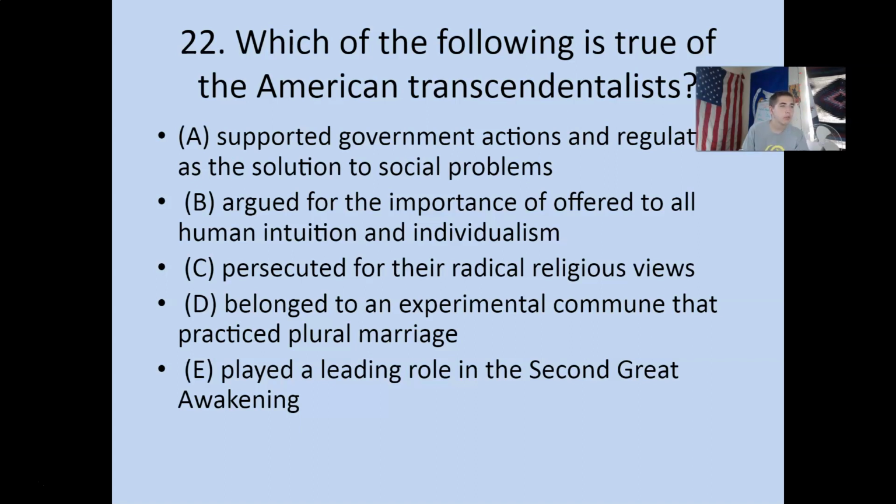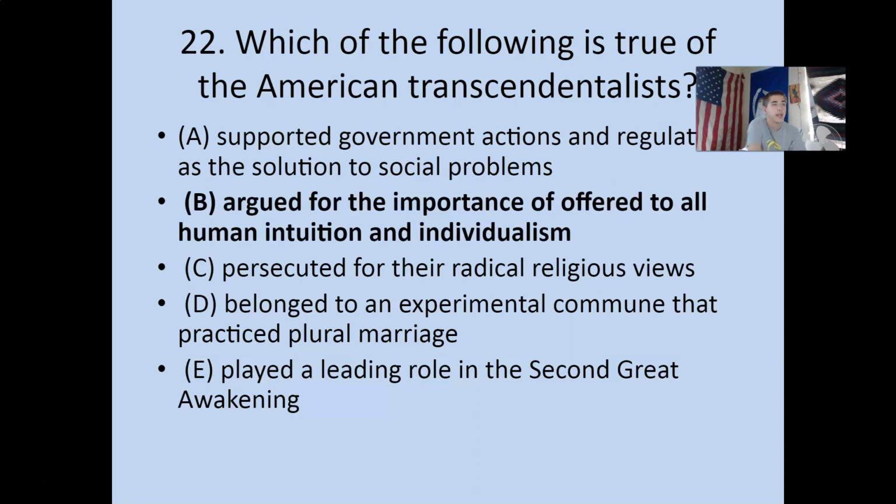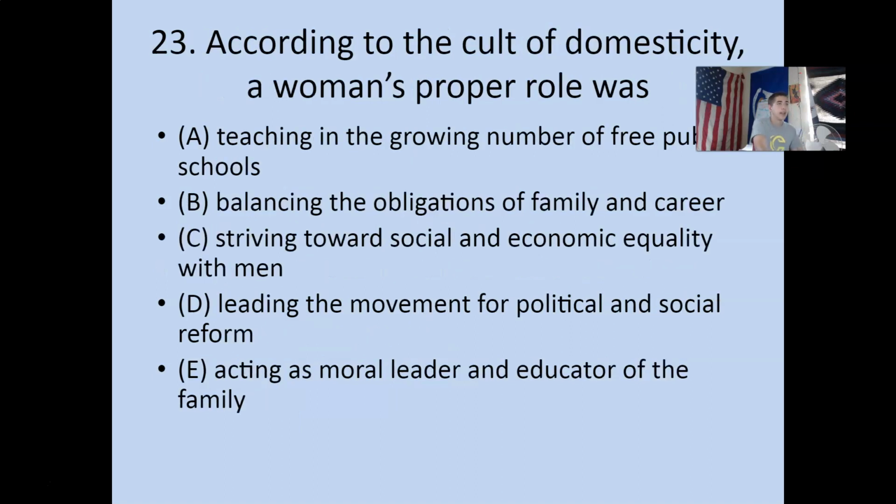Or E. Played a leading role in the Second Great Awakening. So which is true about this group of people? The answer is A. Argued for the importance of intuition and individualism offered to all humans.